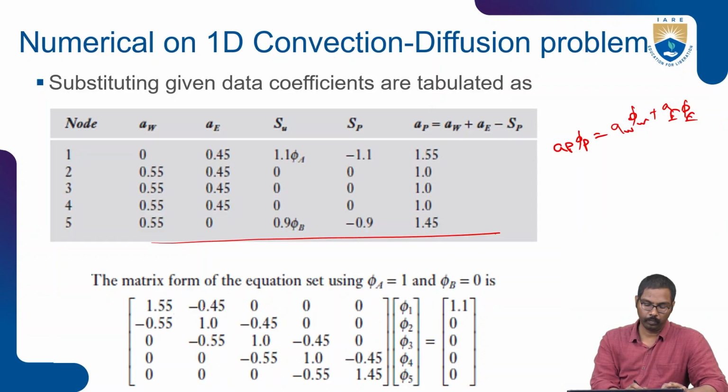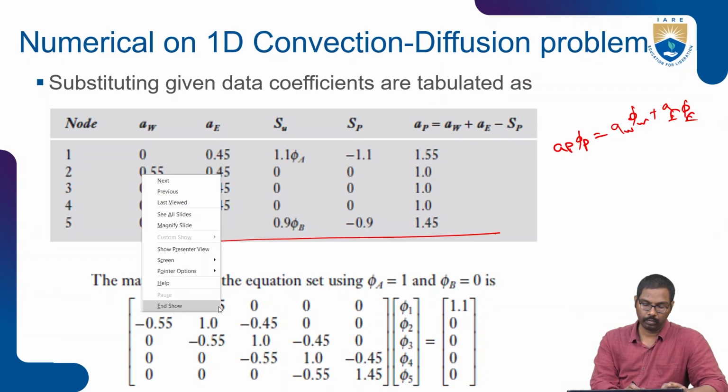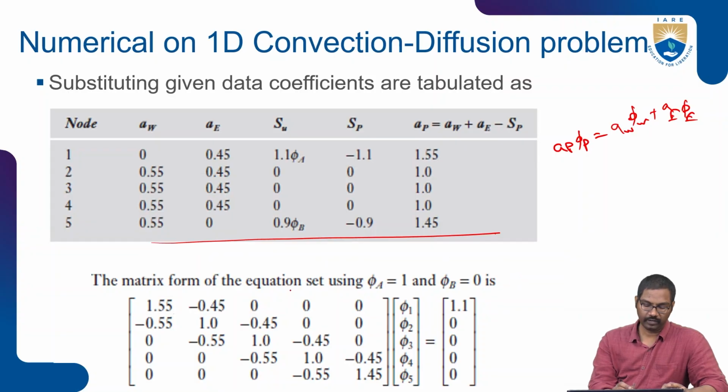There is no AW. AE is equal to minus 0.45. So it becomes AE phi E minus AW phi W equal to 0.